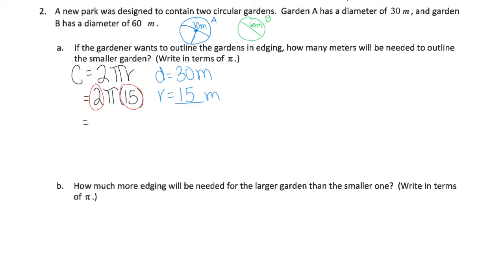So 2 times 15 is going to give us 30, and so we're left with 30 pi. Now, what is the unit measurement we are using? Well, that is meters. So we have 30 pi meters. So now we know that the smaller garden, which is Garden A, will need 30 pi meters of edging.